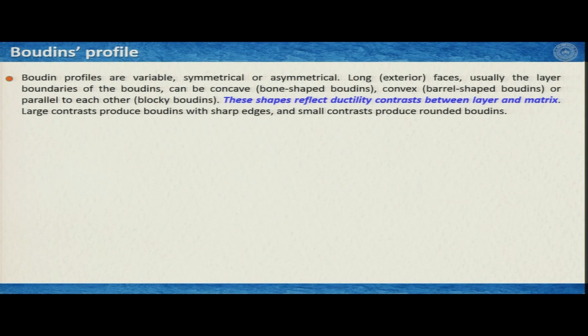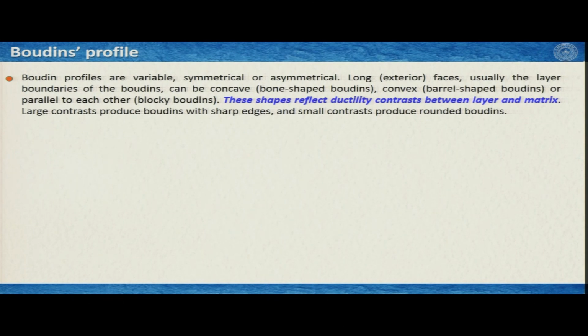The long or exterior faces, usually the layer boundaries of the Budins, can be concave, or you can call it bone shaped Budins, it can be convex, you can call it barrel shaped Budins, or parallel to each other, then you call it blocky Budins. All these terminologies have their own meanings and significances, we will learn about it later.